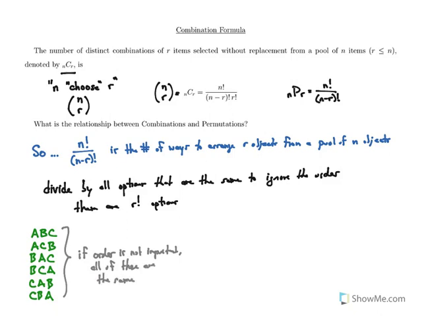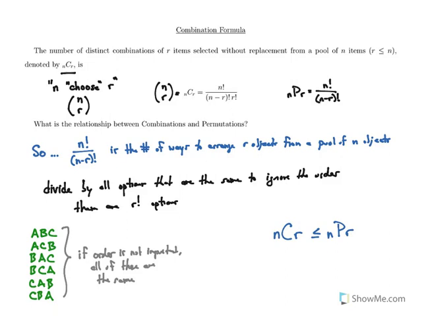And we could divide by that 6, by that 3 factorial, to get rid of the fact that those are all the same. The number of combinations is definitely less than the number of permutations. There are more options if order is important.